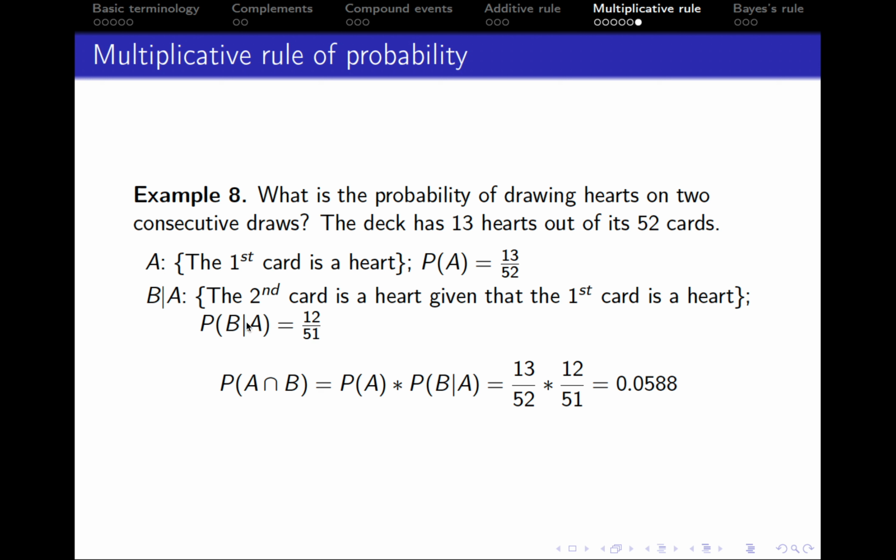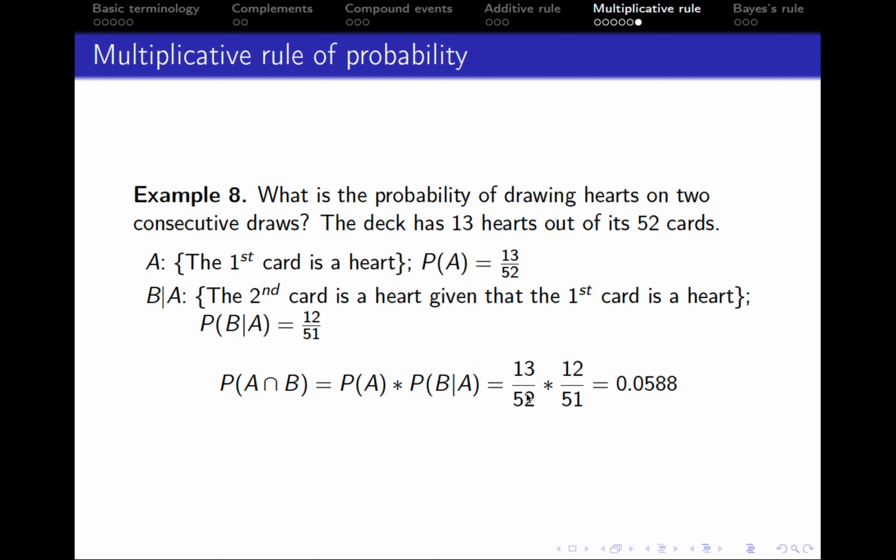So the probability that we draw the second heart, given that the first card is also a heart, is 12 divided by 51. To calculate the intersection of events A and B, so the probability that both cards are hearts, we take the probability that the first card is a heart and multiply it by the conditional probability that the second card is a heart, given that the first card is already a heart.